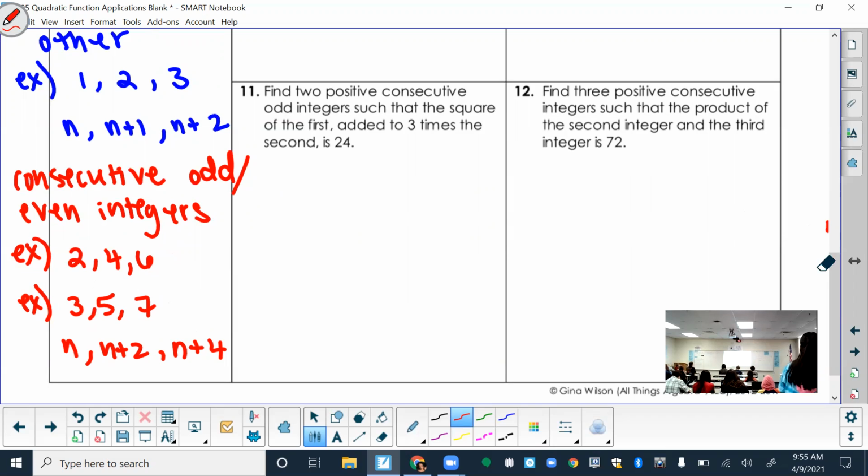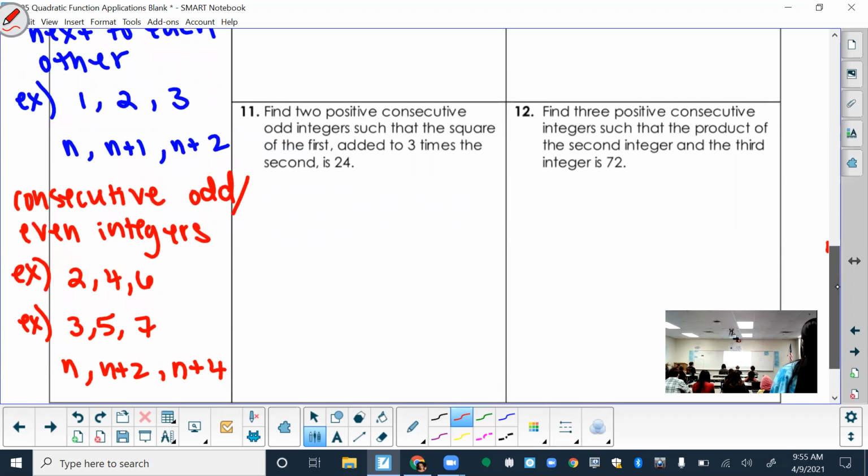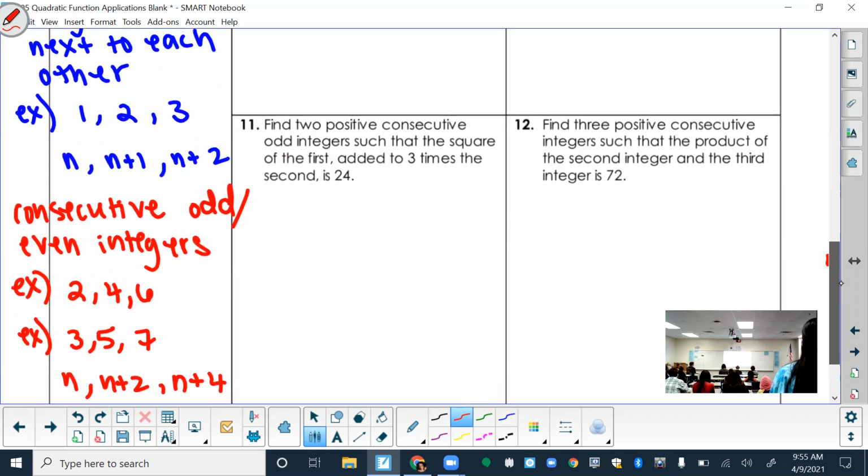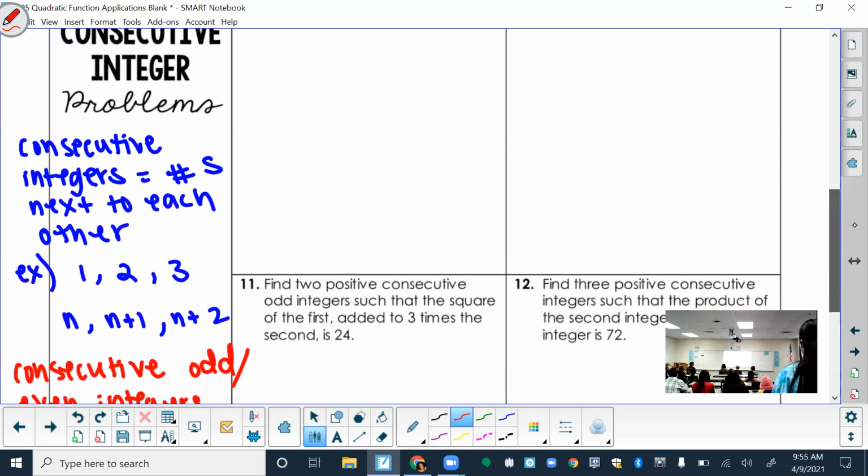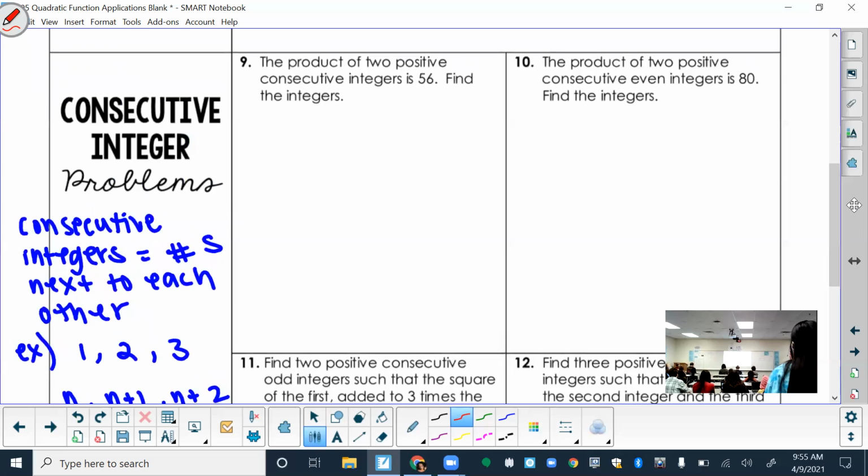All right, there's a reason we're going over them, because you need that to set up your problems. So for problems like number 9, we have the product of 2 positive consecutive integers is 56. Find the integers. So what does product mean? What operation?